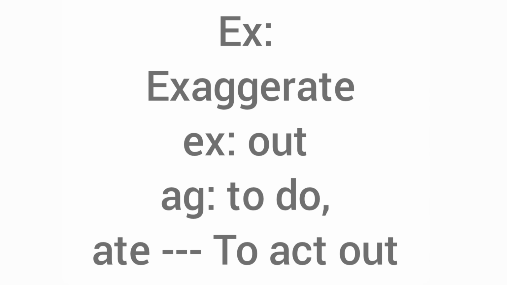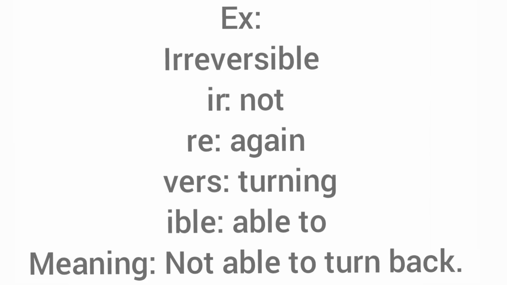We have prefix ex meaning out, root ag meaning to do, and suffix ate meaning to act out. Another example, irreversible. We have prefix ir meaning not, re meaning again, vers meaning turning, ible meaning able to. So this means not able to turn back.